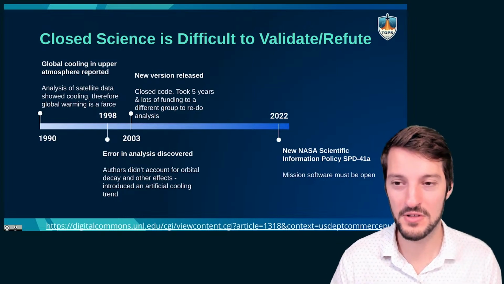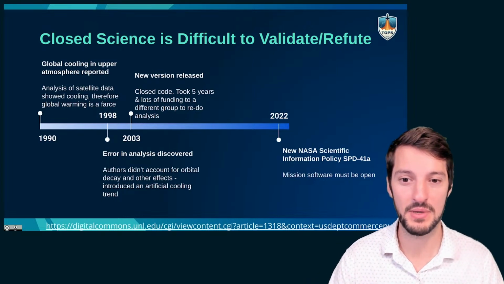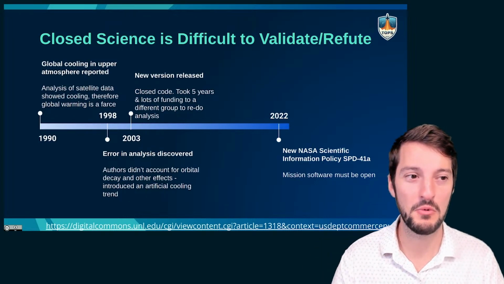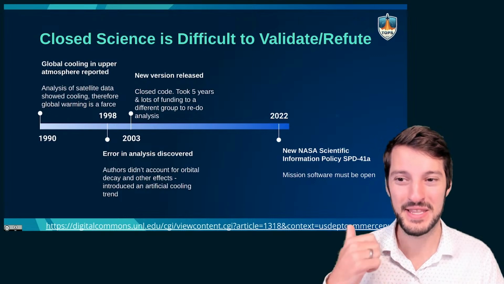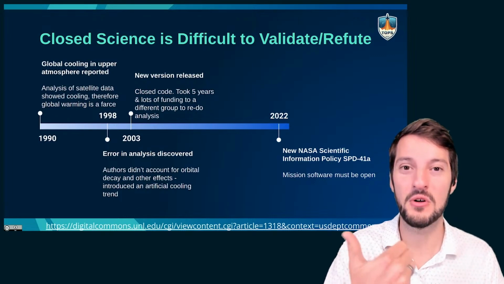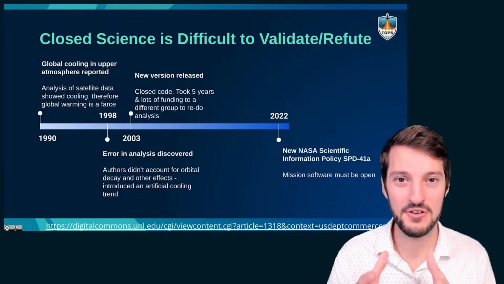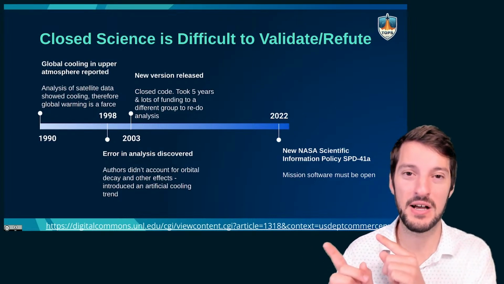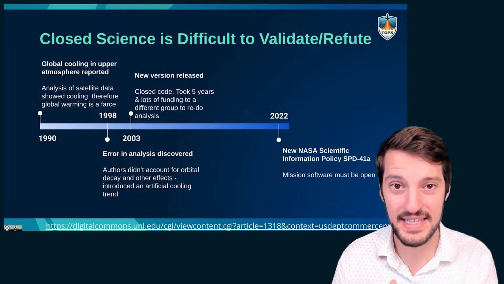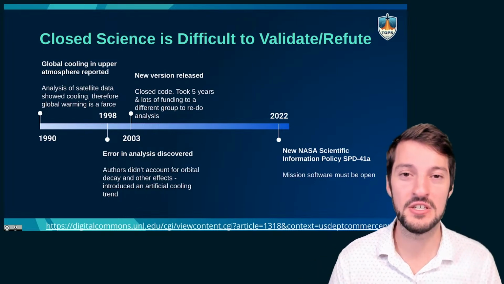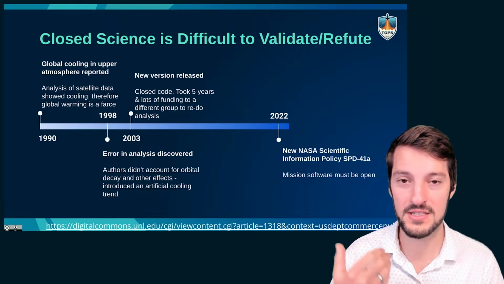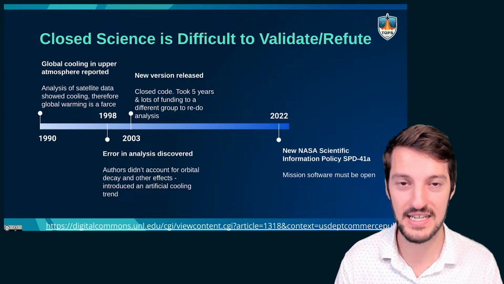From the original publication of the paper in 1990 to 2003, when we were finally able to say, you know what, this is what the code looks like, and this is the error that the original authors made. And I don't know about you, but you can think about all of the time and money that was spent in that 13-year timeline in order to either combat or support the position of this original 1990 paper.